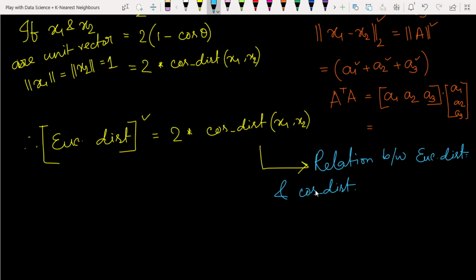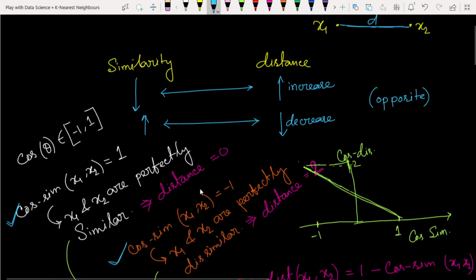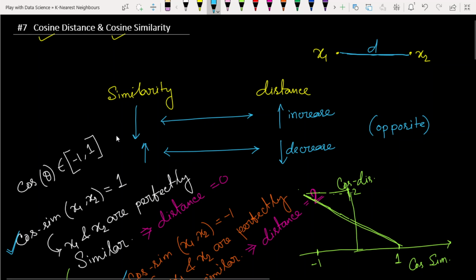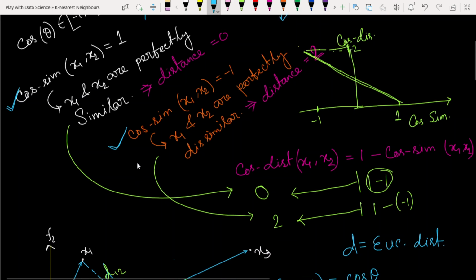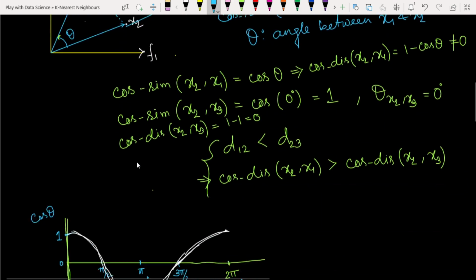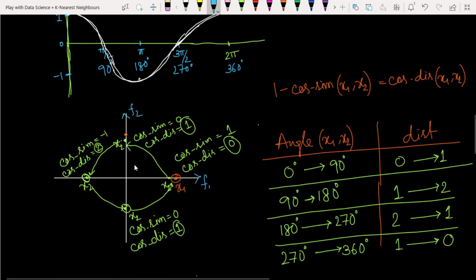Now I think everything is clear: what cosine distance and cosine similarity are, and how they are related to Euclidean distance, from both the geometrical and the analytical point of view.